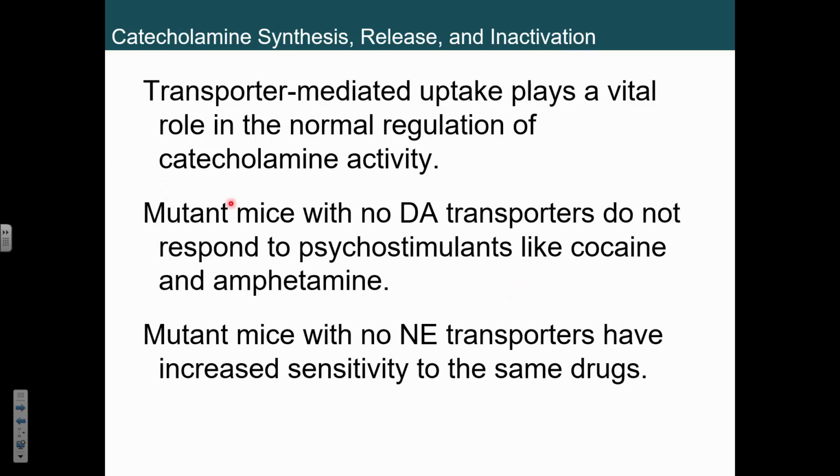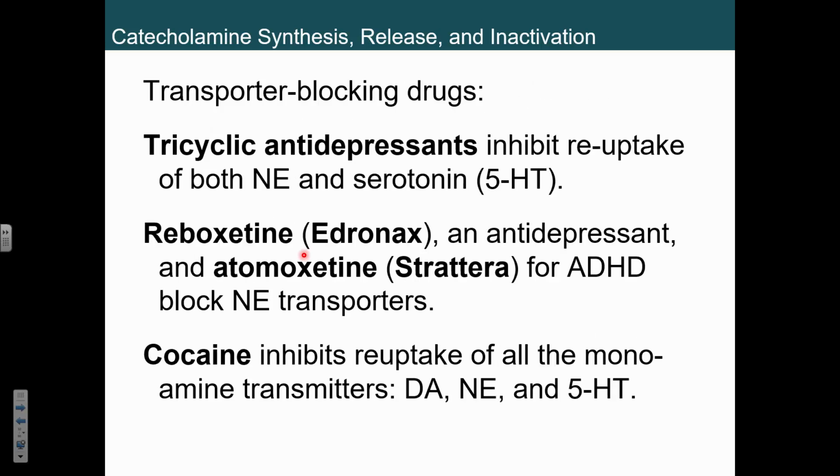This is normal activity. Again, if you have those mice that don't have dopamine transporters, they actually don't respond to psychostimulants like cocaine or amphetamine. That's kind of interesting, right? If you think about it, they're not going to be pulling that dopamine back in. So I'm not going to know if they're on cocaine.